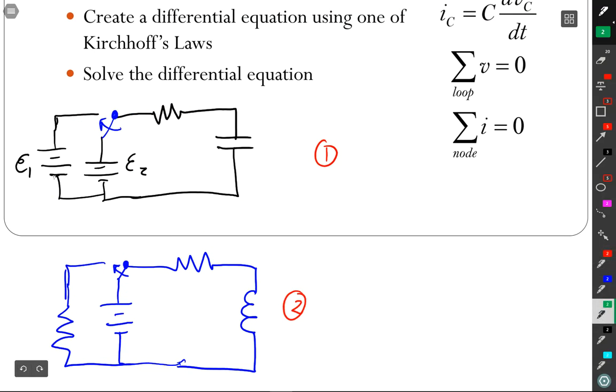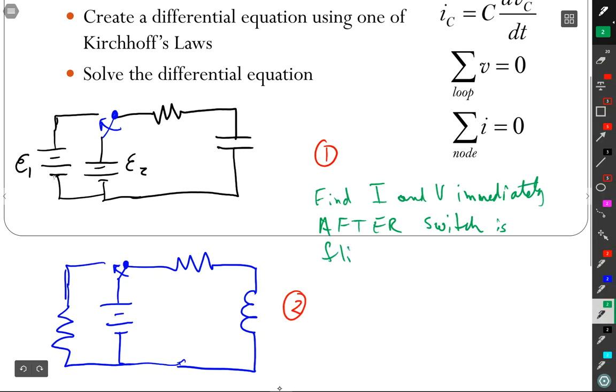The first thing you do is find the current and voltage immediately after the switch is flipped. Immediately after, because that's your starting condition for your transient case.